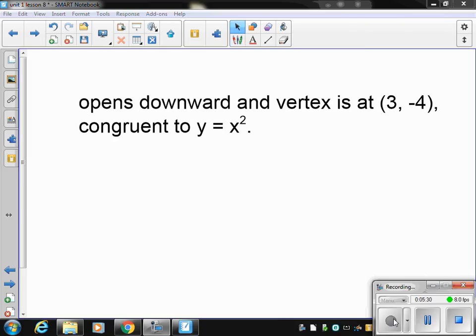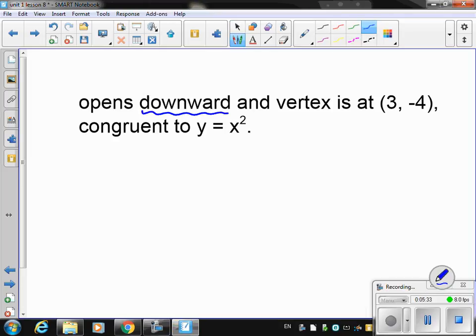The next one opens downward, so I know my a is negative. I've been given my vertex, so I have my h and k value, and it's congruent to y equals x squared. It means the same shape. It means my a value is 1. So all of the things that I know are going to go into my equation.